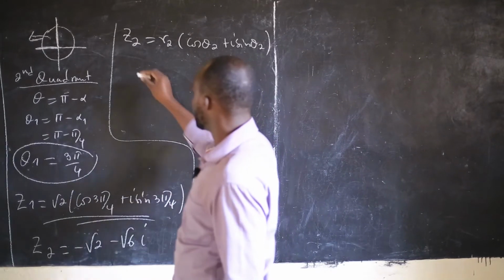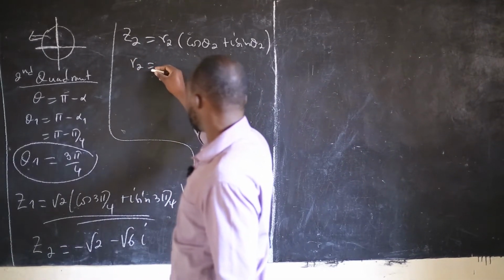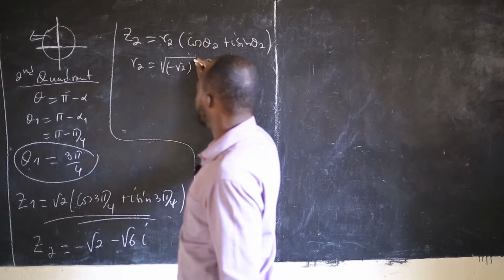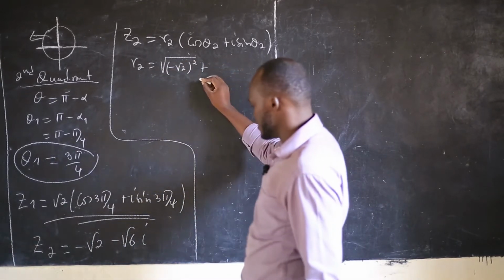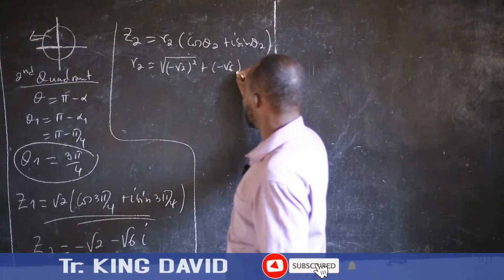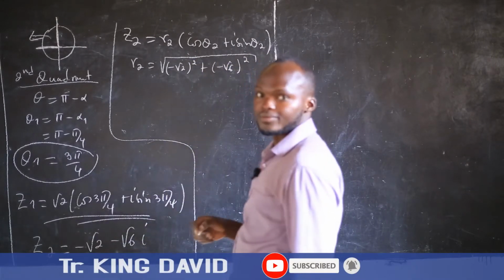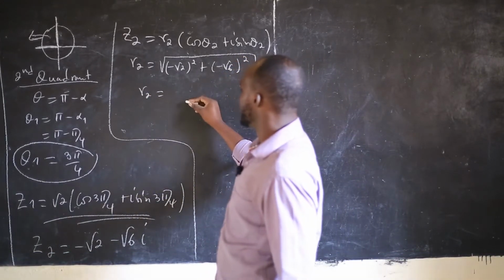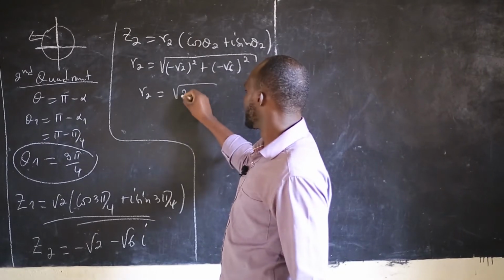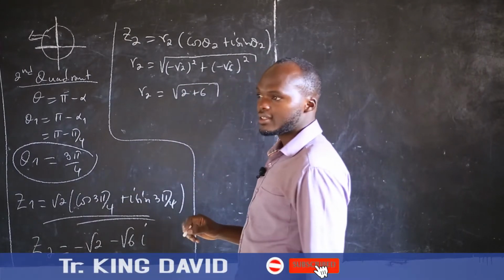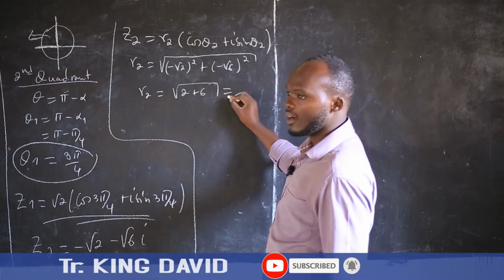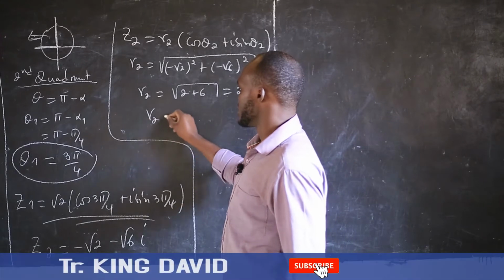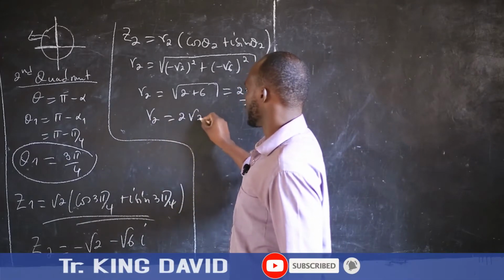Now r2 will be the modulus, that is the square root of negative root 2 squared plus negative root 6 squared. Which means that our r2 modulus is root of 2 plus 6, which is root 8. Root 8 is 2 root 2. So r2, the answer is 2 root 2.